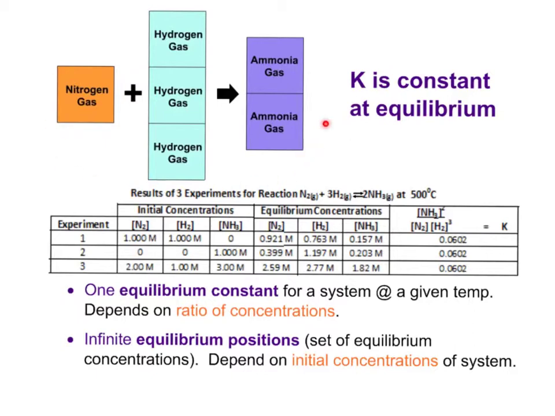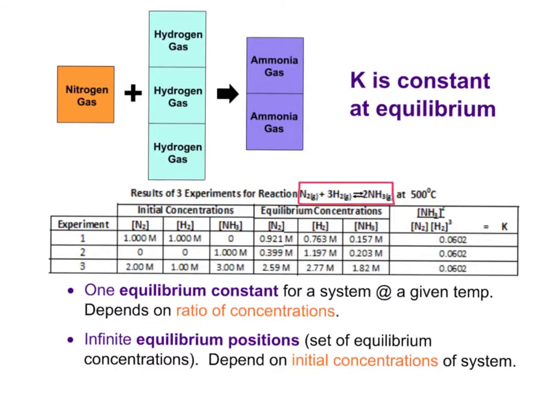Let's look at an example. Let's take nitrogen gas plus hydrogen gas giving us ammonia, okay? Here's the balanced equation right here.